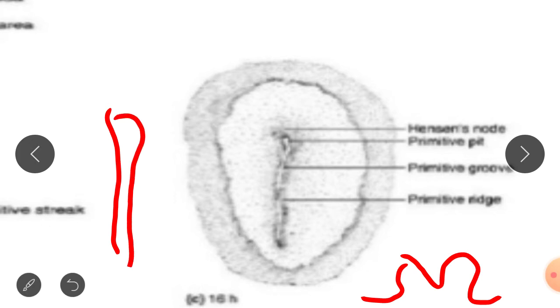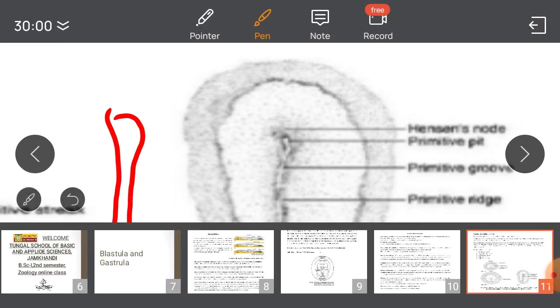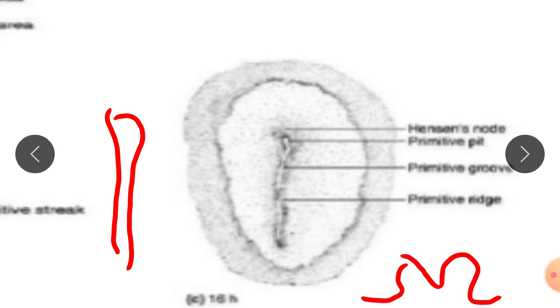Primitive streak would be like this. So this is the primitive pit. Below this, Hansen's node is there. From here anteriorly, what is going to be developed? The notochord develops.